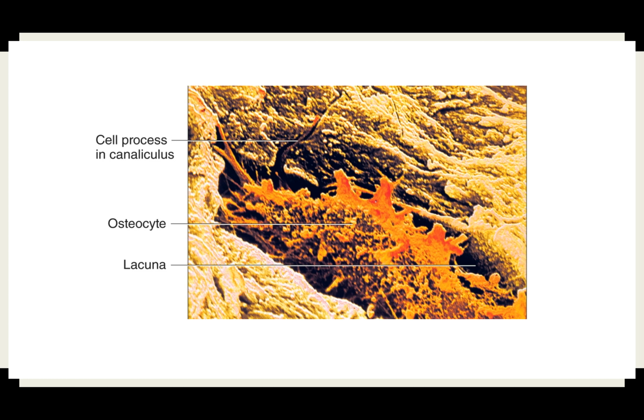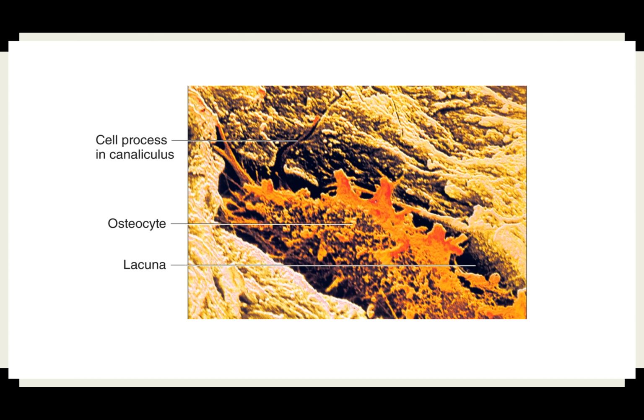So this picture right here would be considered a more in-depth picture of the spongy bone, a microscopic view, if you will. Looking at this huge orange part right here, this is the osteocyte, and it is a mature bone cell.